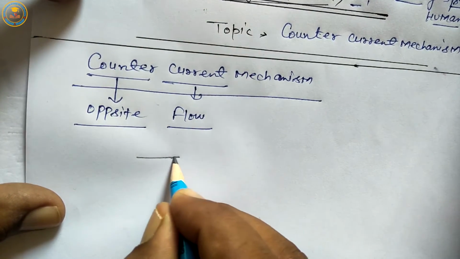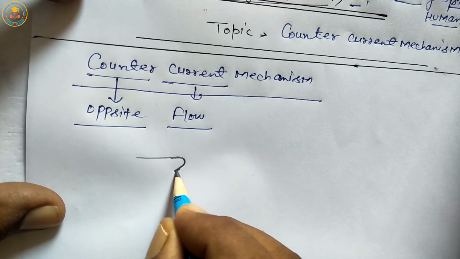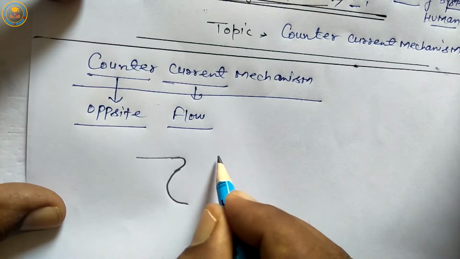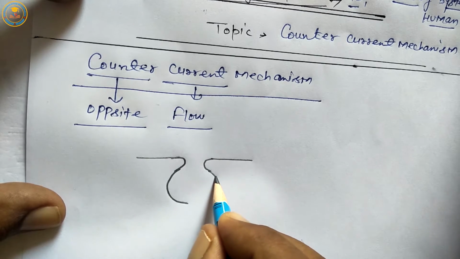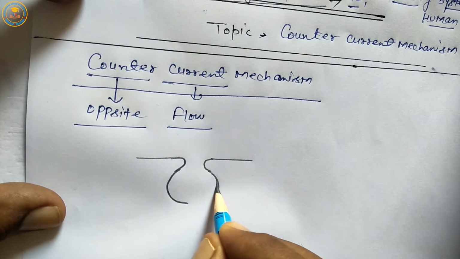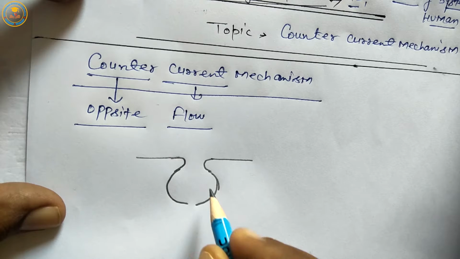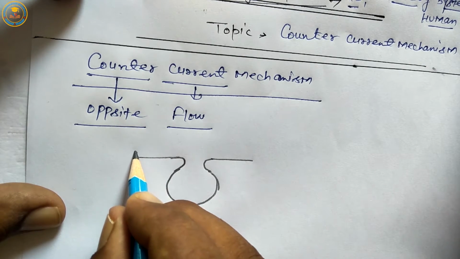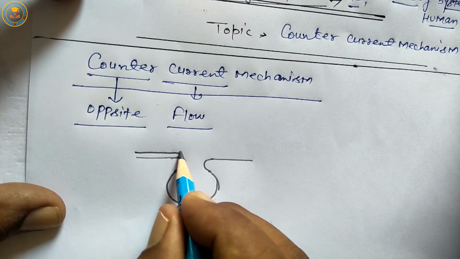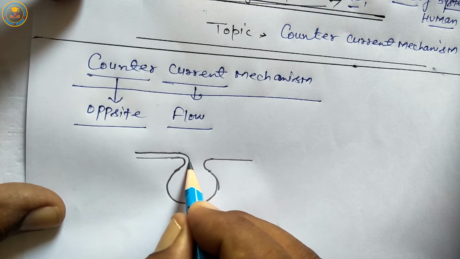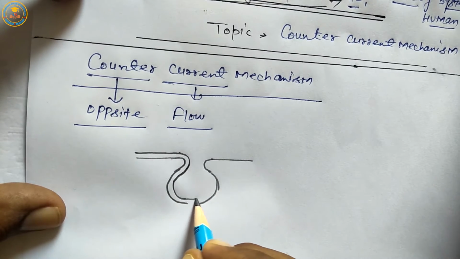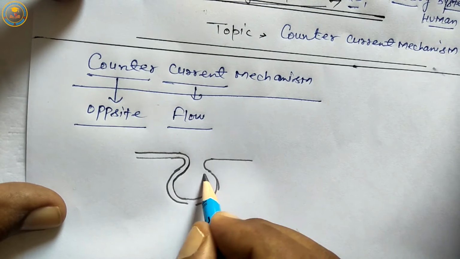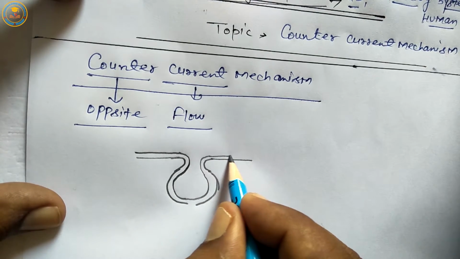So this first part of nephron is Malpighian body, and this is afferent arteriole, and this is efferent arteriole.